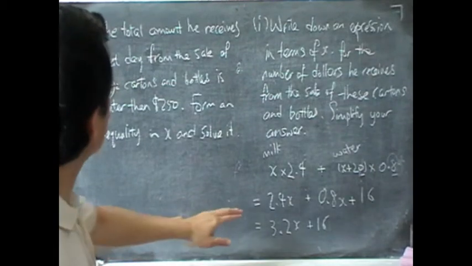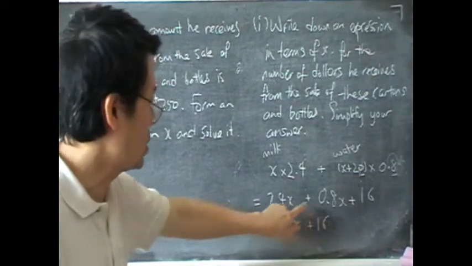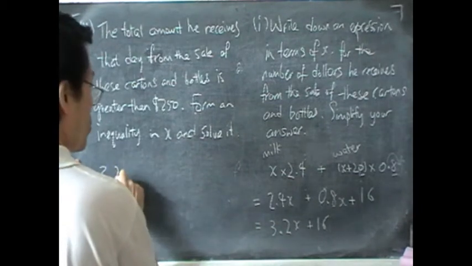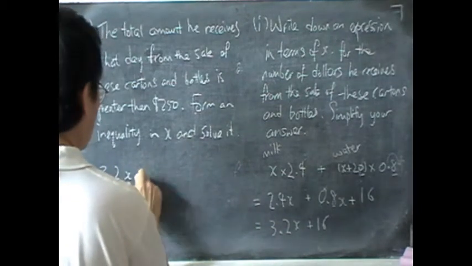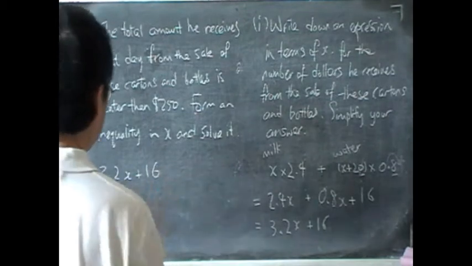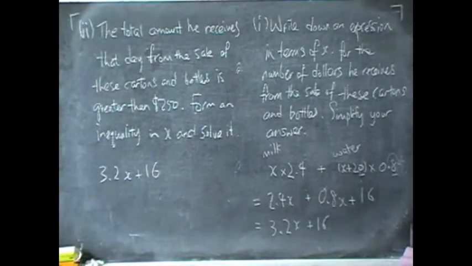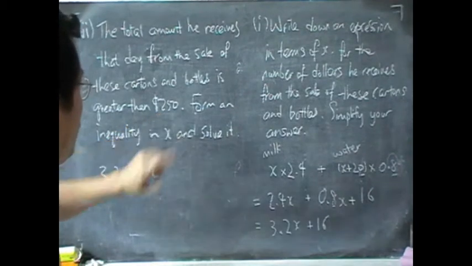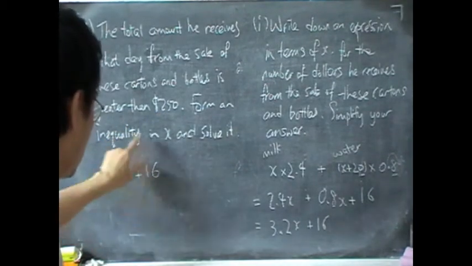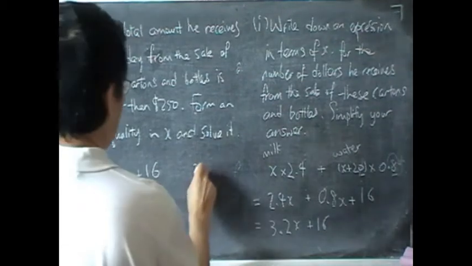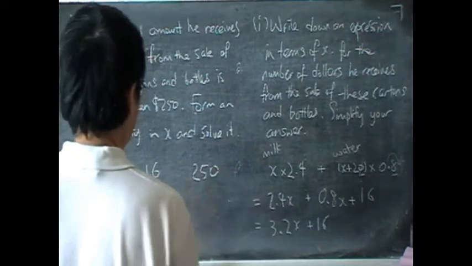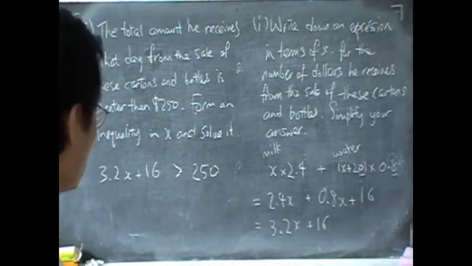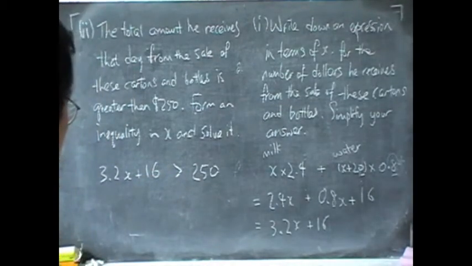So this is the total amount that he receives, $3.2x plus 16, and we are given that this is greater than $250. So we put a greater than sign in between. And that's our inequality.